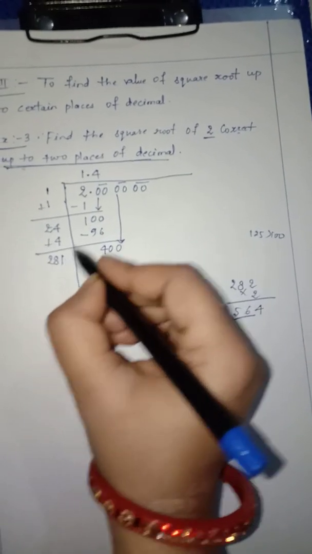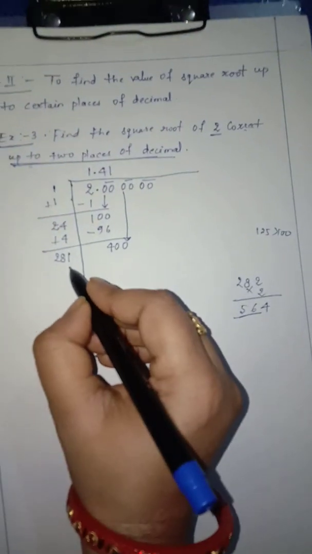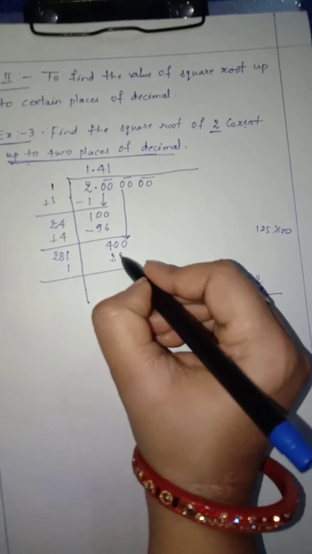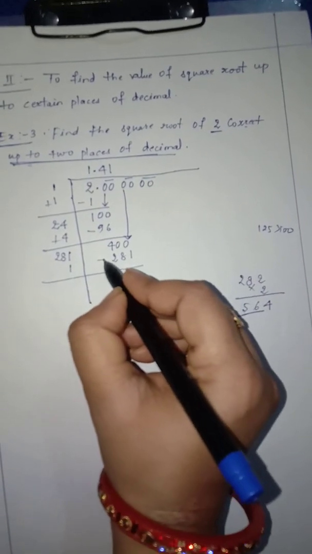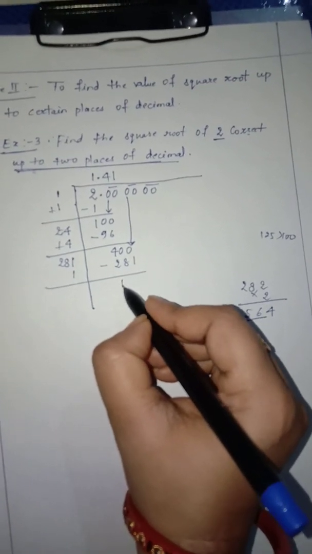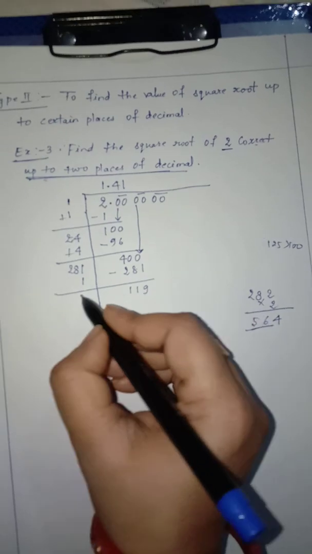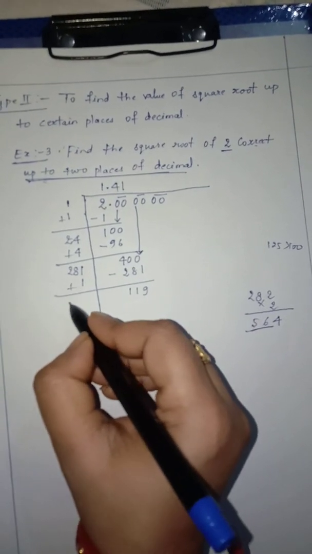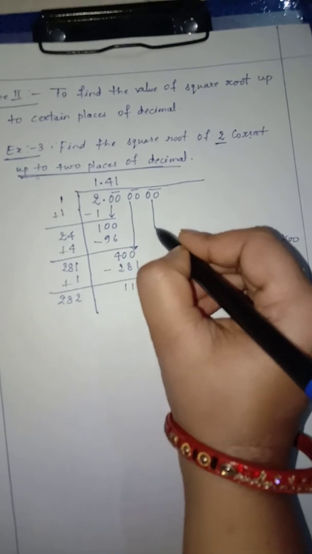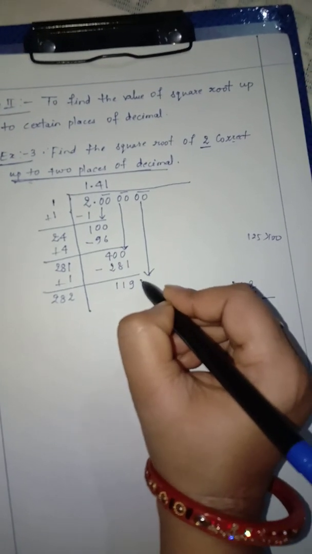So here we will set 1. 281 1s are 281. After subtracting we will get 119, and after adding 282.